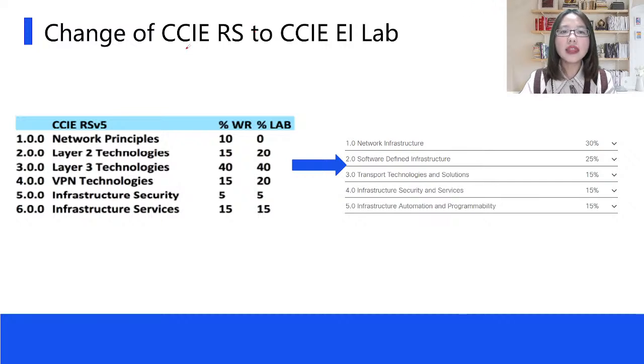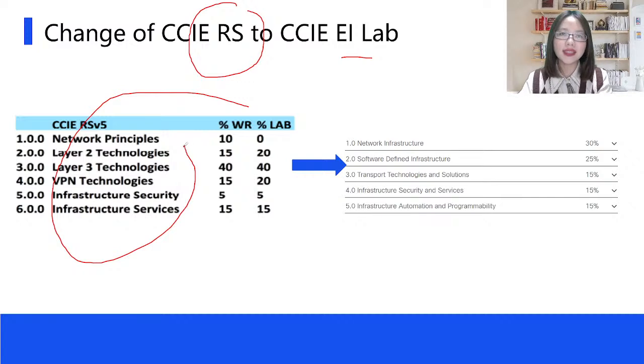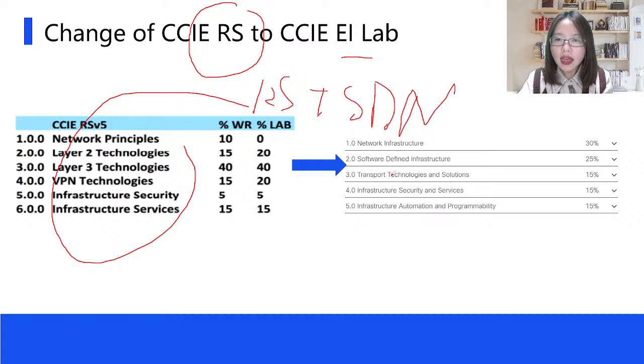As you know, routing and switching has changed to the CCIE EI lab. From this change, it can be seen that the current IT industry requirements for network engineers are no longer just routing and switching, but also add SDN and programming modules.